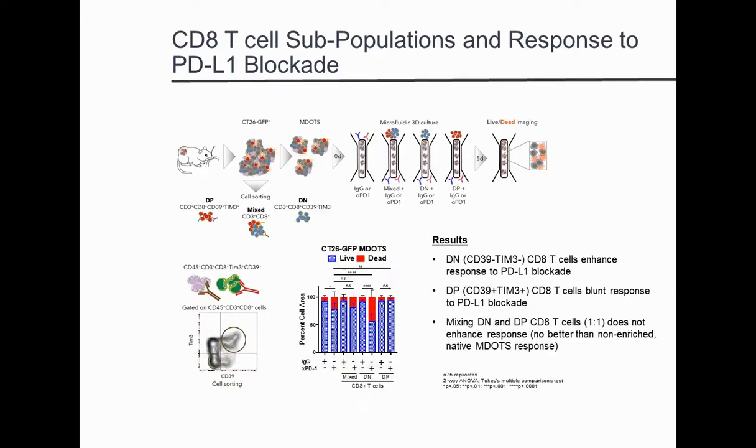And then they're treated in the microfluidic device with either an isotype control IgG antibody or a PD-1 neutralizing antibody, cultured for 5 days, and then we assess immune-mediated killing on day 5.